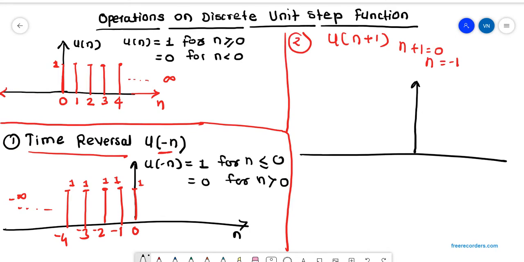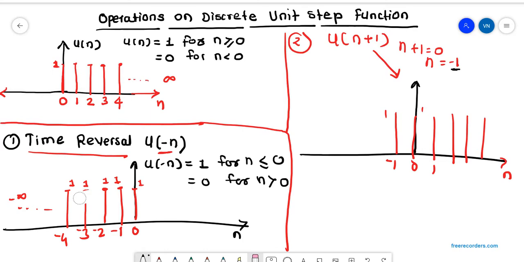Basically that signal is shifted towards minus 1. Means whatever the signal is starting from 0, that signal will start from minus 1. That's it. The amplitude remains 1. So this is u of n plus 1 because n equal to minus 1, and we start the same signal from minus 1.